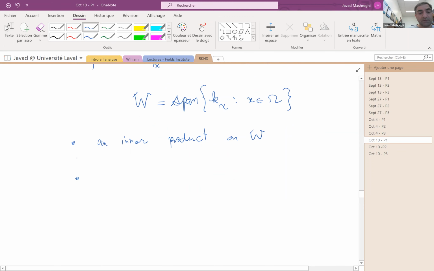Then we do completion. I mean, every inner product space can be completed to give us a Hilbert space.